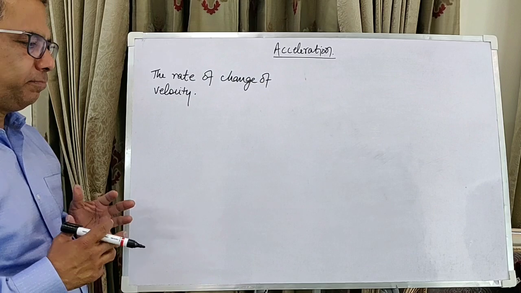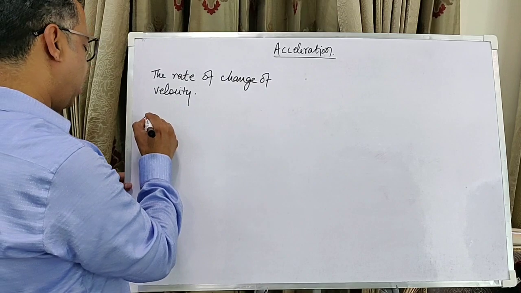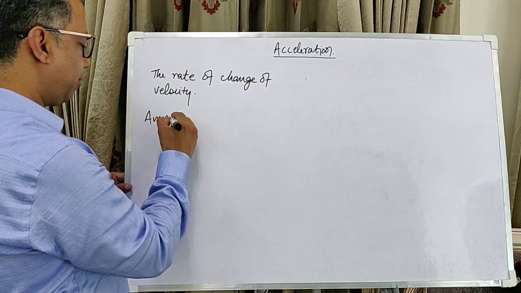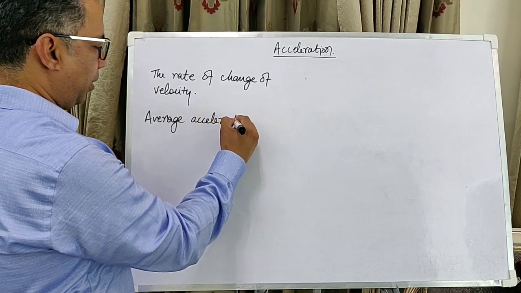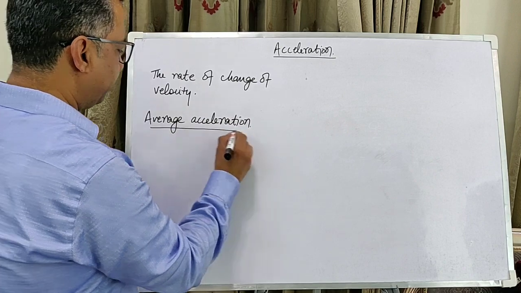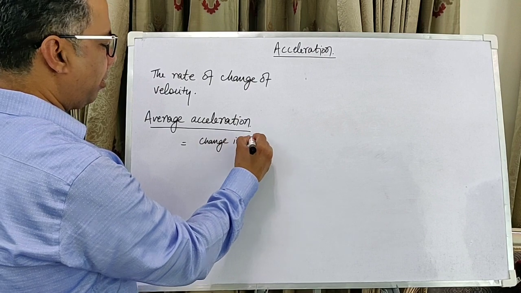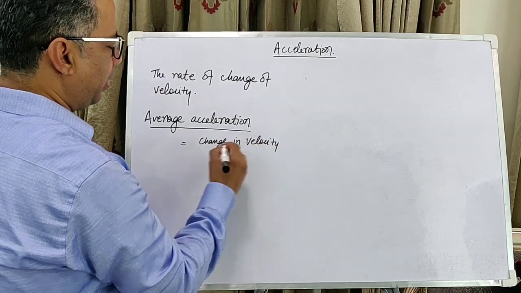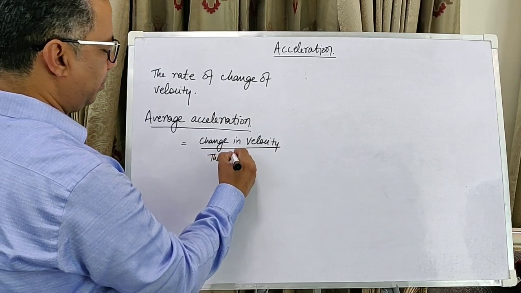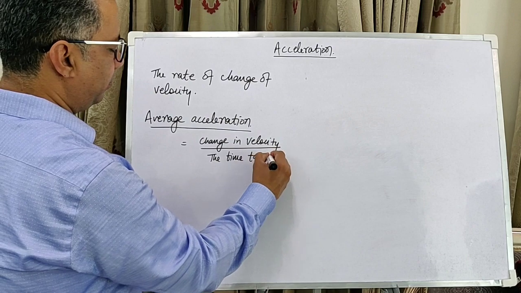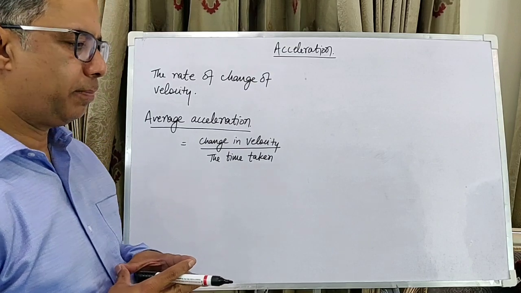The first way of defining acceleration is to define an average acceleration, which is essentially equal to change in velocity divided by the time taken for this change to happen, and that's average acceleration.